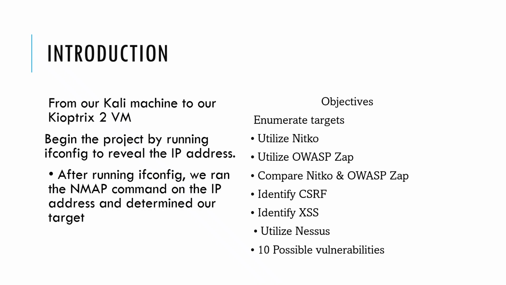From our Kali machine to our Chaos 2 VM, we begin the process by running ifconfig to reveal the IP address. After running the ifconfig, we need to do an nmap command on the IP address to determine our target.